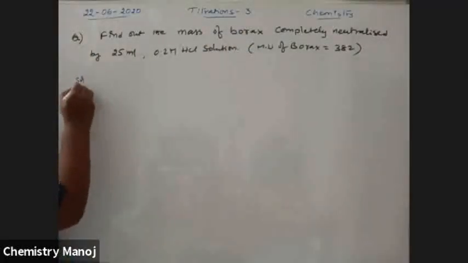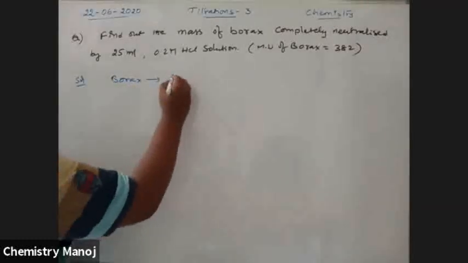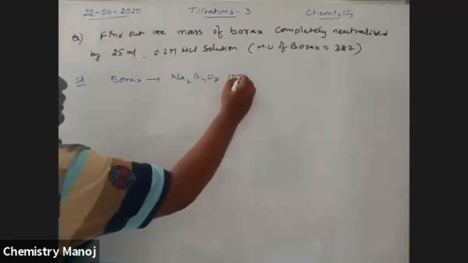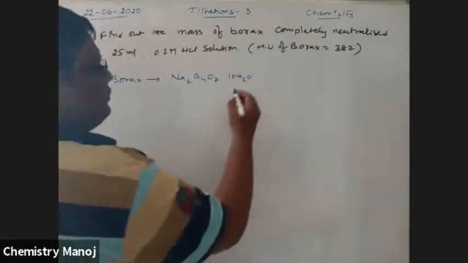So our solution is borax. It is nothing but Na2B4O7·10H2O. It is called borax.